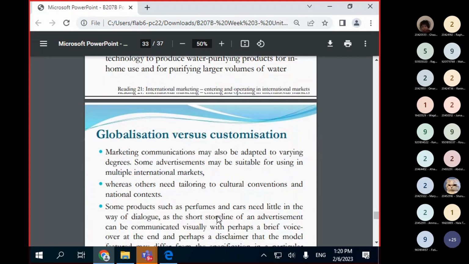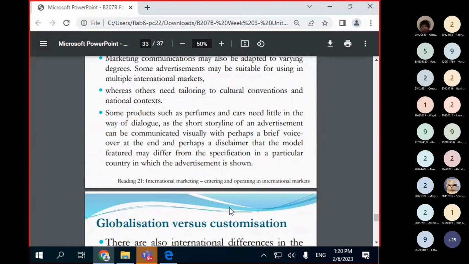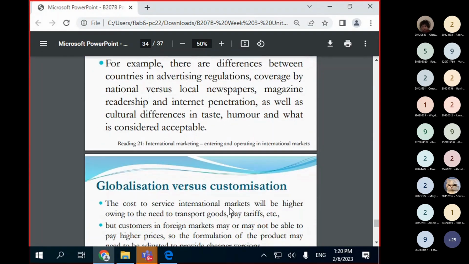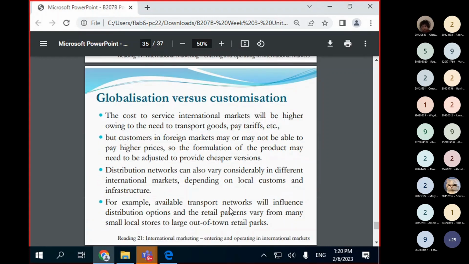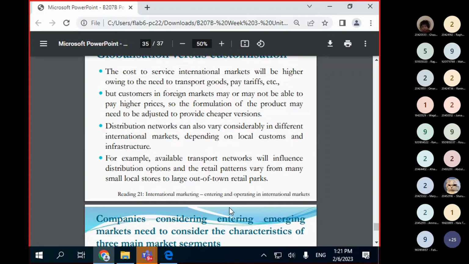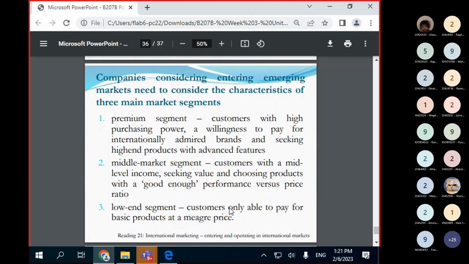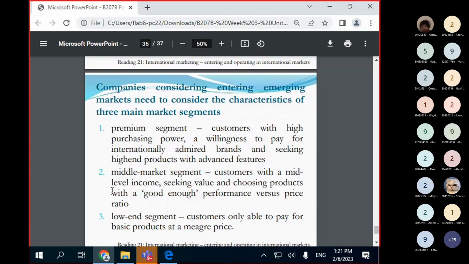I have mentioned all the points. The cost, the distribution networks. Okay.